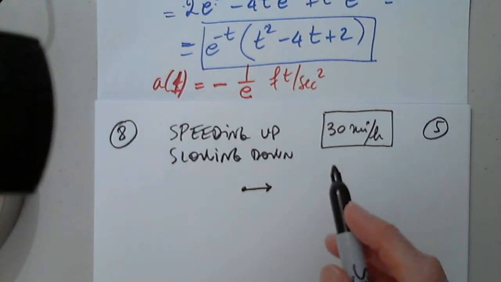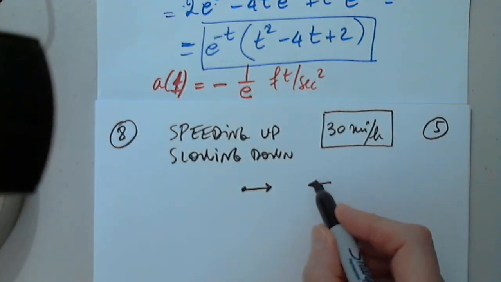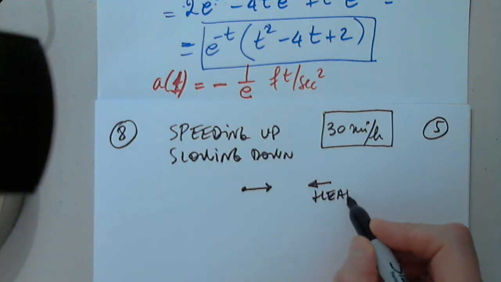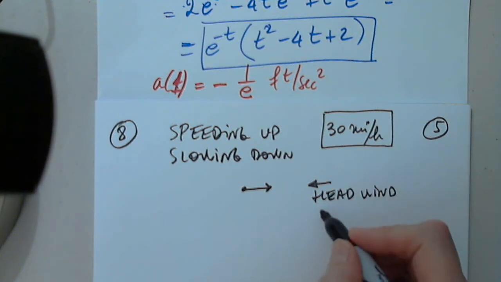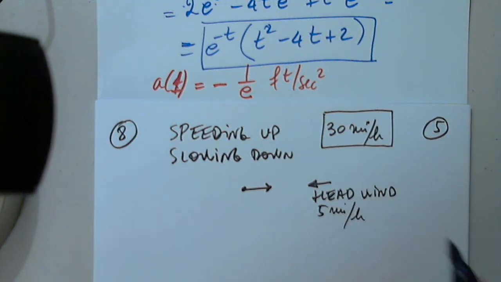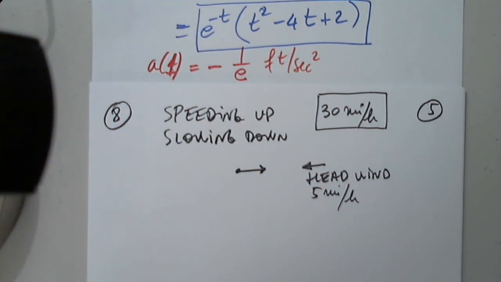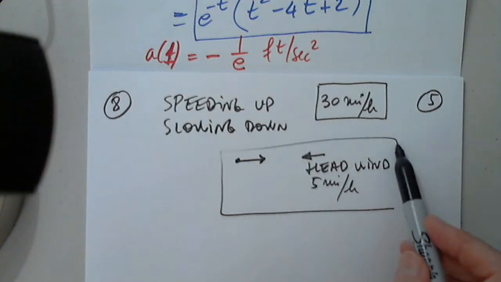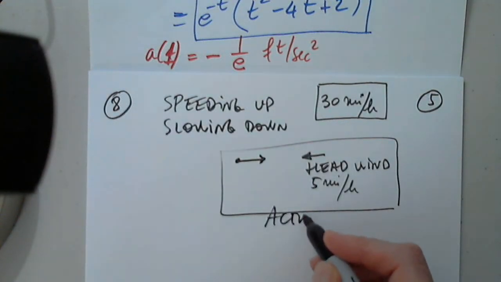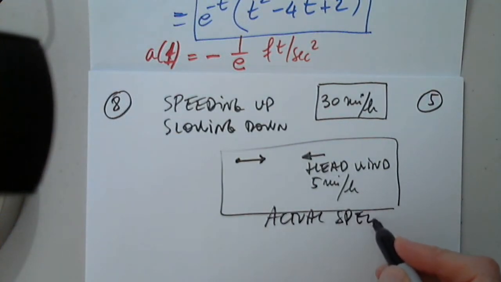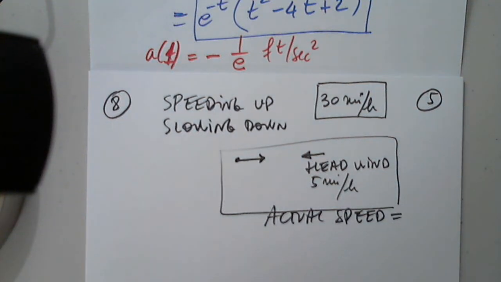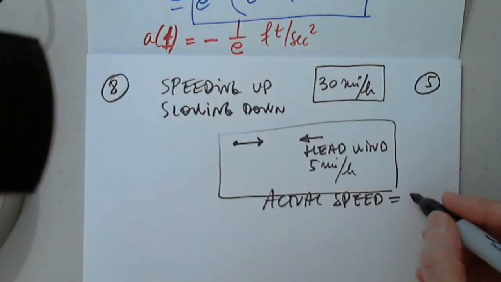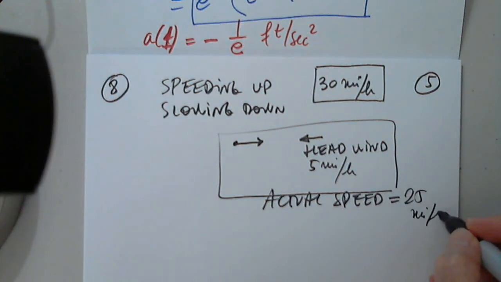You're going in this direction, but you encounter a headwind of 5 miles an hour. What will be your actual speed? 25 miles per hour.